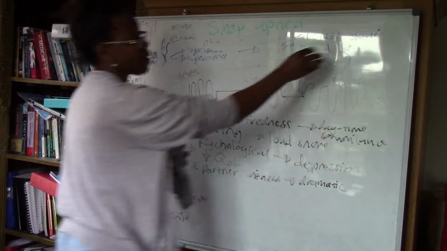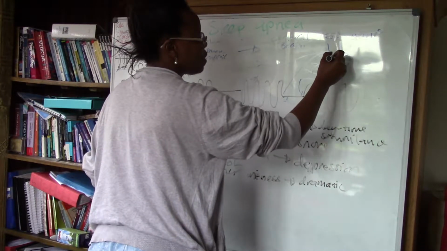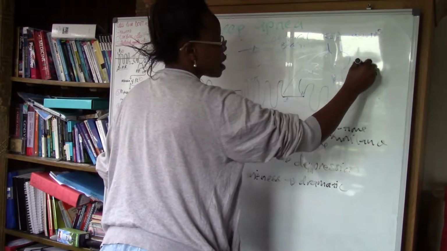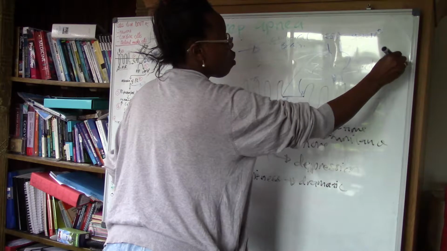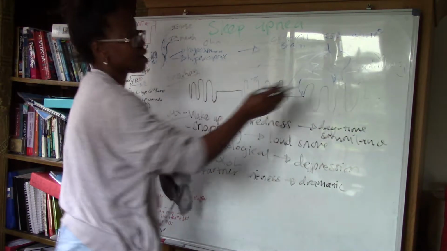Again, the central sleep apnea occurs when the medullary centers are over-inhibited by the pons centers.